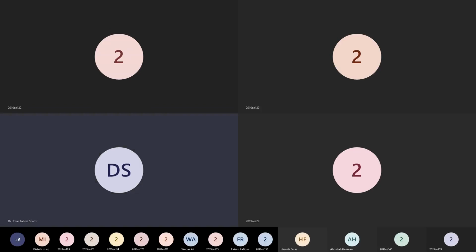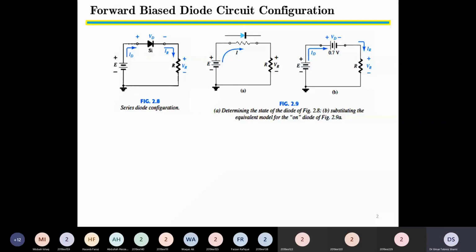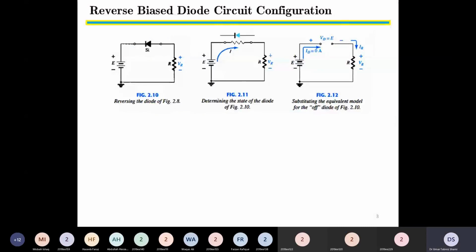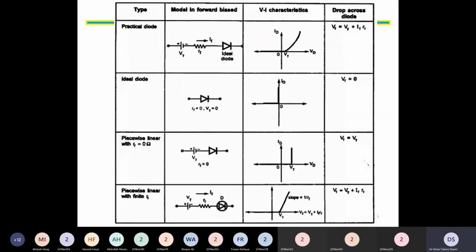Just to recap what we have done, we have done the forward and reverse biasing configuration of a diode. We have done the approximate and ideal semiconductor models of a diode.